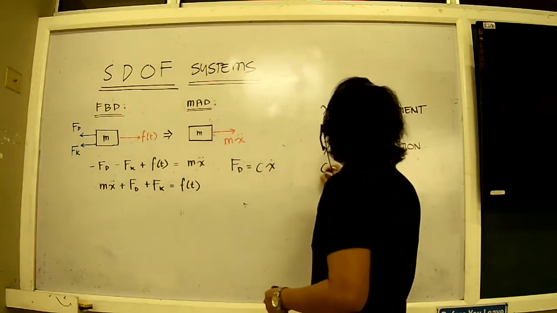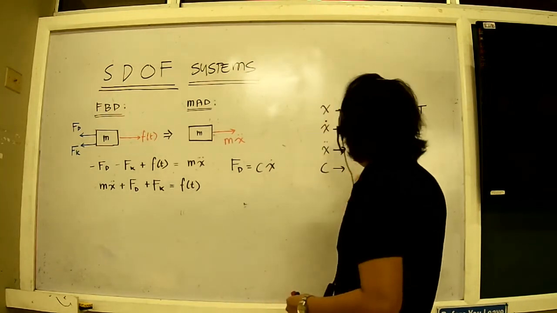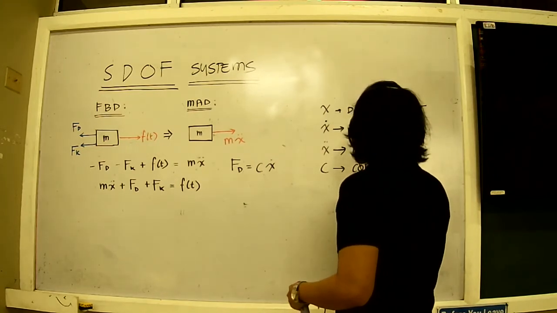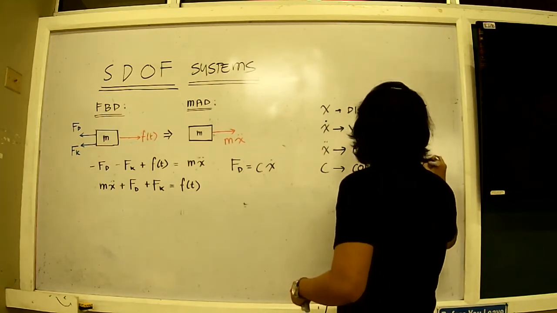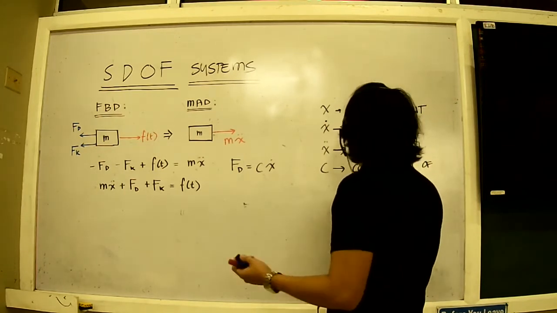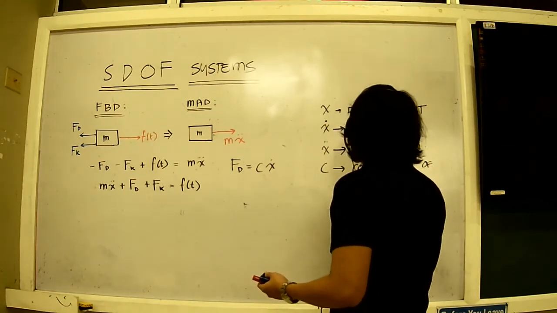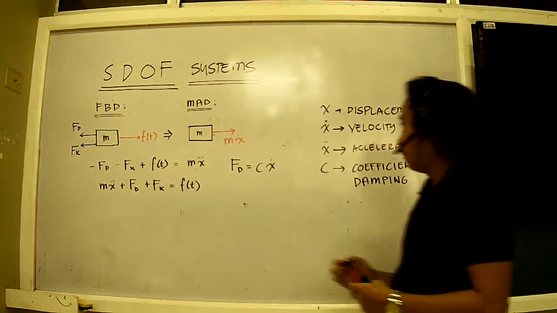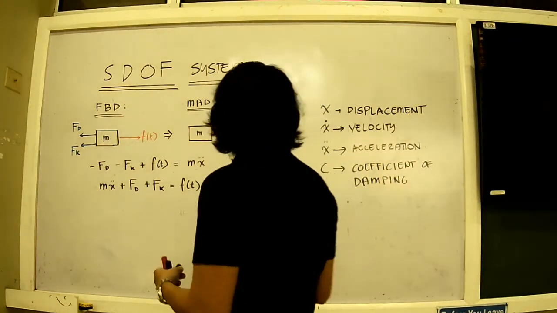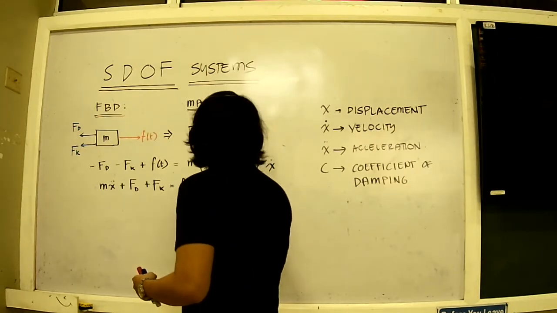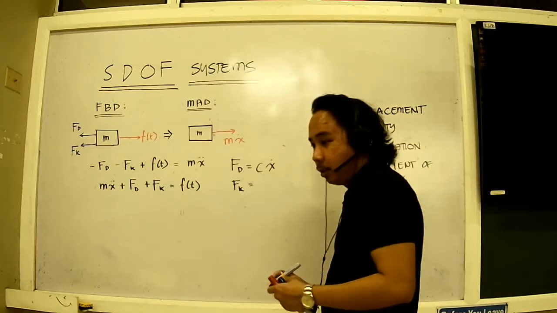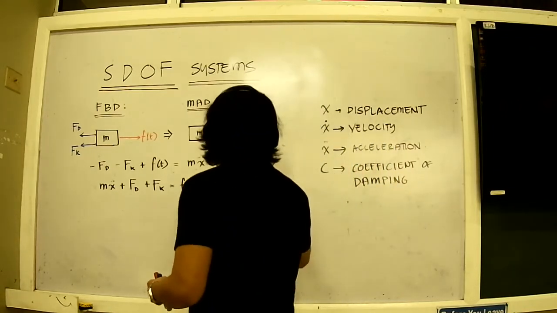C is actually the coefficient of damping, or damping factor, or whatever the terms are, that is our C from university physics. Now, when we talk about FK, that is our stiffness. That should be equal to K times X.